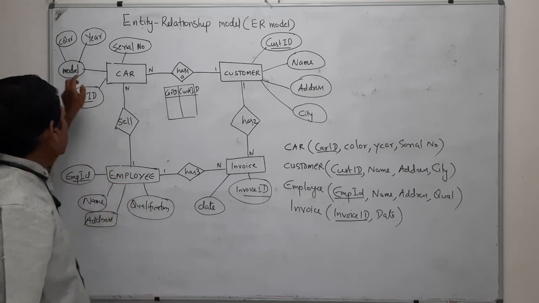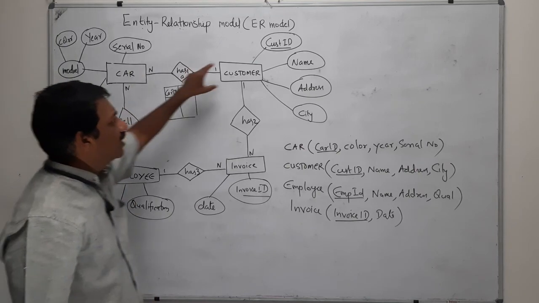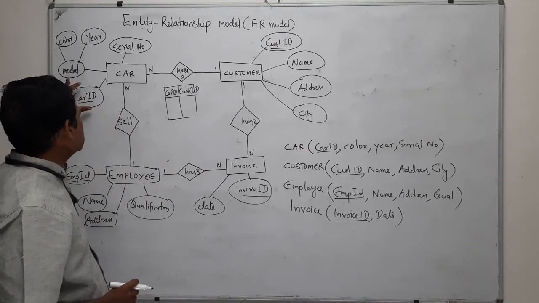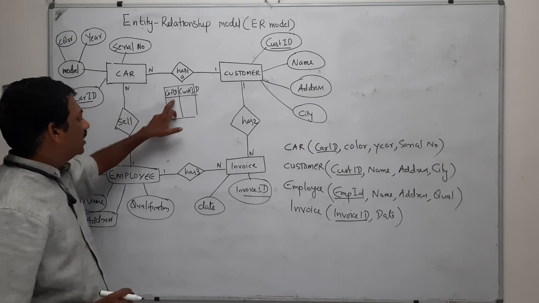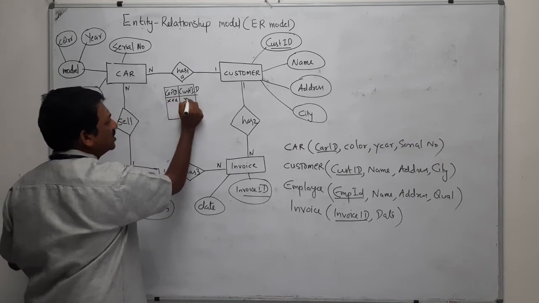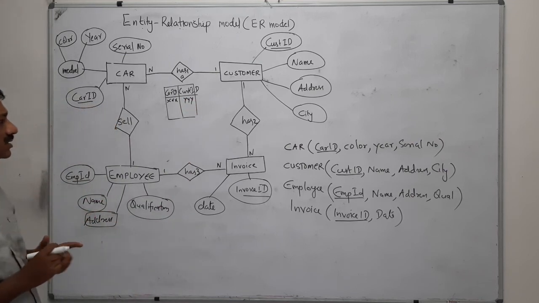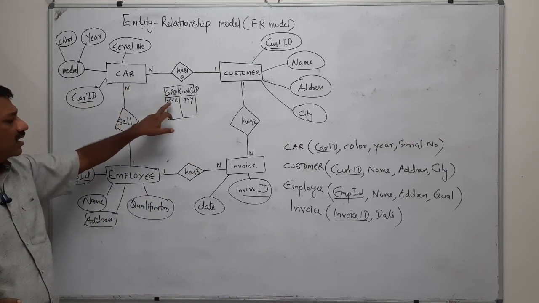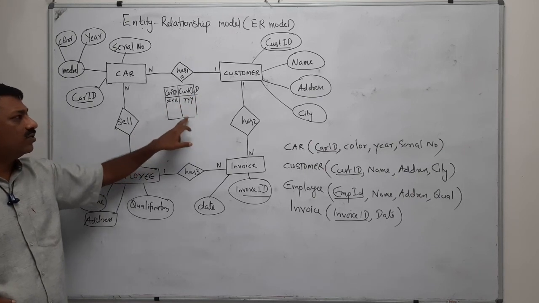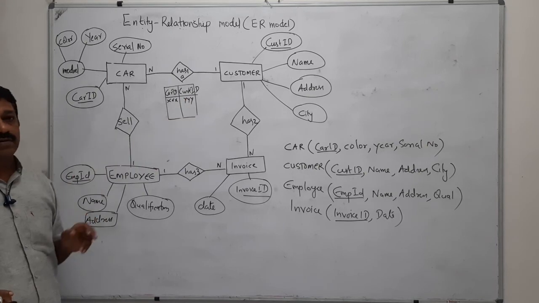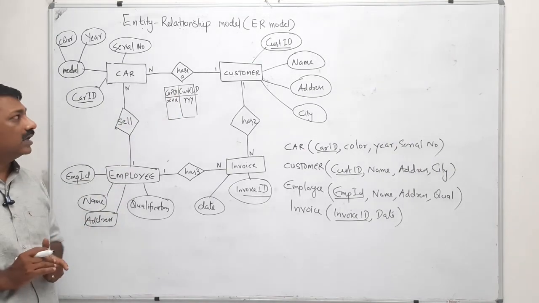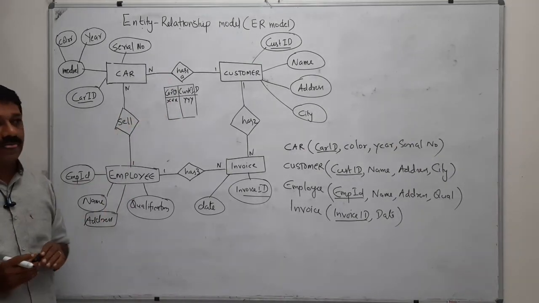That means the primary key of this table and the primary key of this table you can have. That means you are connecting. For example, suppose that this is XXX and this is YYY. The meaning of this is the car which is having car ID XXX is owned by a customer who is having customer ID YYY. So a separate table you can have for this relationship.